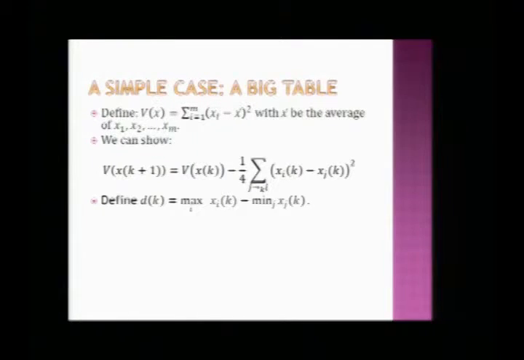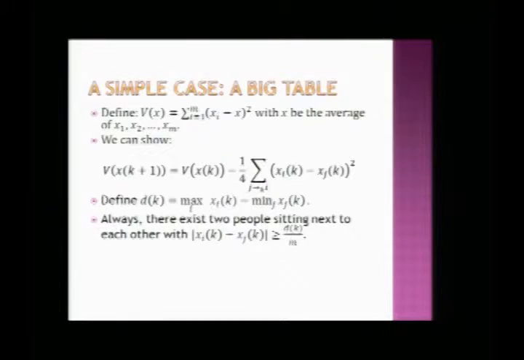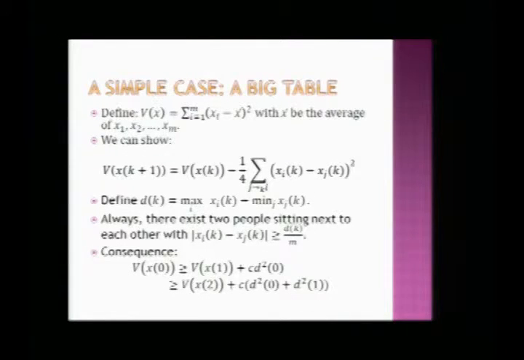Now define d of k to be the diversity of the opinions, like the maximum opinion minus the minimum opinion. We can show that if they sit at one big table, there always exist two people such that the difference in their opinions is at least this amount.